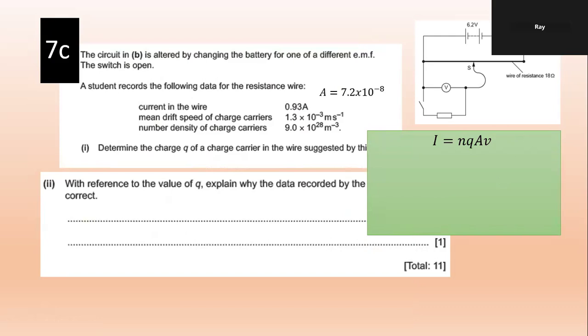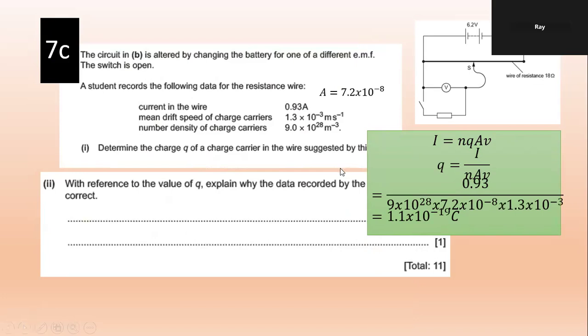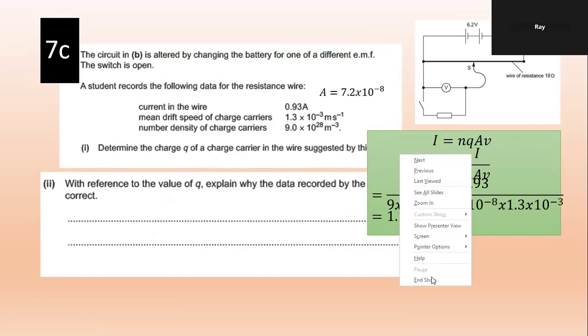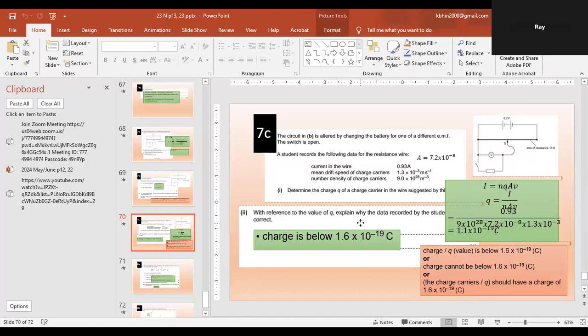Right. Memorize this formula. 1.1. So you got 1.1 times 10 to the power minus 19 coulomb. With reference to the value of Q, explain why the data recorded. Charge cannot be less than 1.6 times 10 to the power minus 19 coulomb.